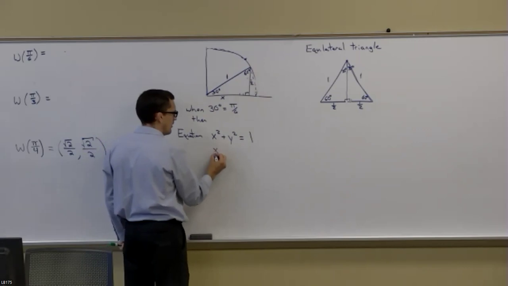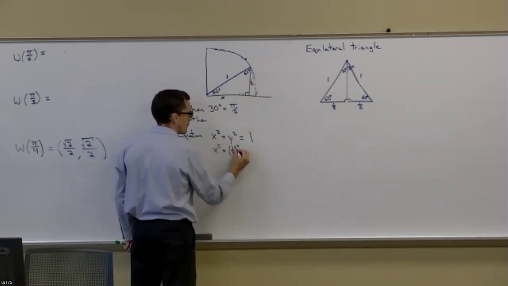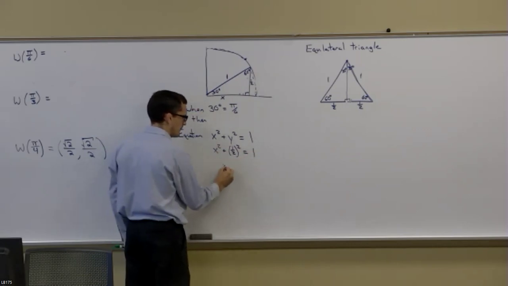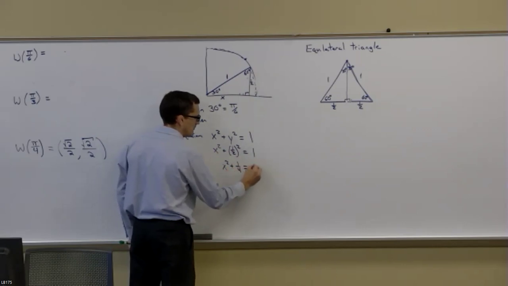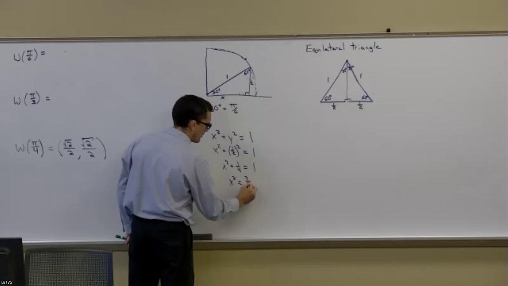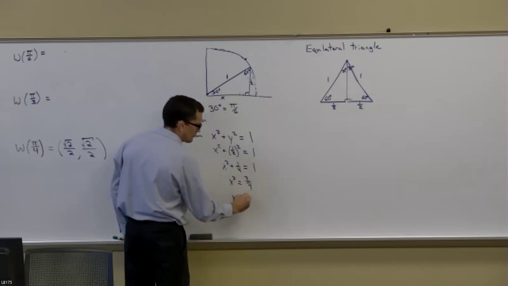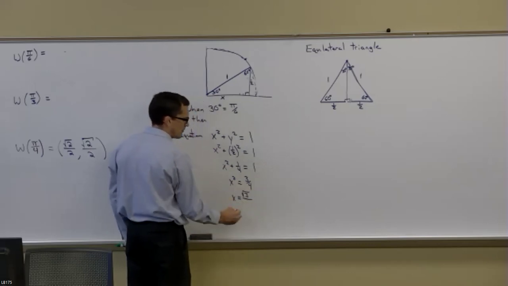And I can solve this for x. Now I solved the whole thing, didn't I? I guess I didn't need to do that, but I take the square root of 3 on top, and then the square root of 4 on the bottom.